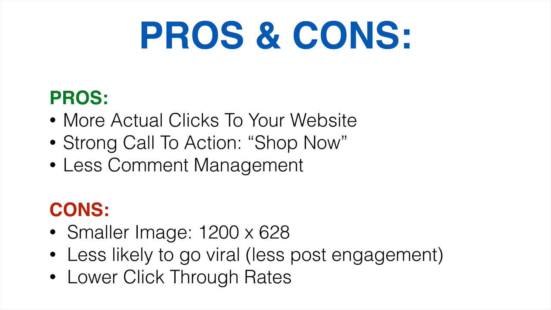The more real estate you can get in your Facebook news feed or in somebody else's news feed, obviously the better. The better your odds are going to be of having a high click-through rate and a higher conversion rate.